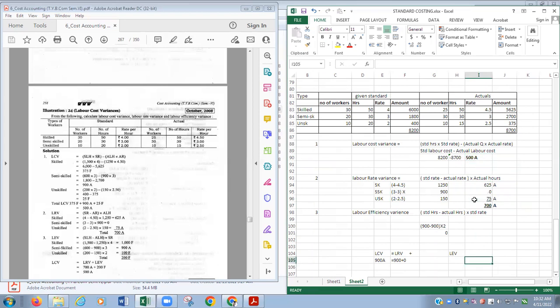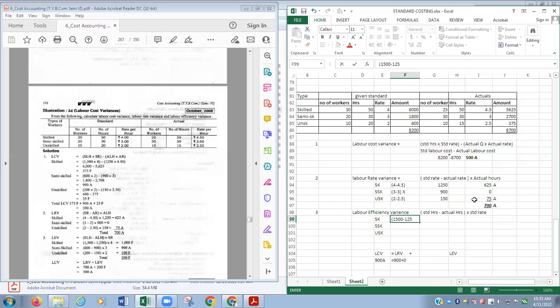And now last one. Labor efficiency variance. Formula is standard hours minus actual hours. So standard hours. Let's copy the names here. Standard hours were 30 into 50, 1500, minus actual hours were 1250.